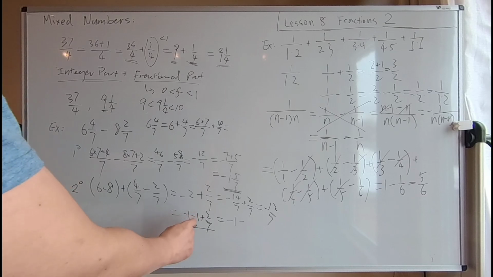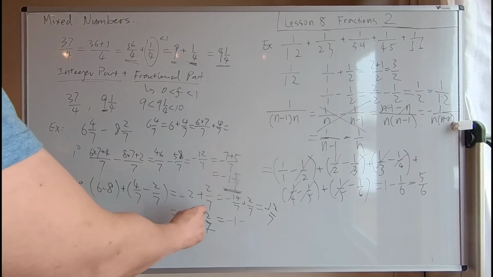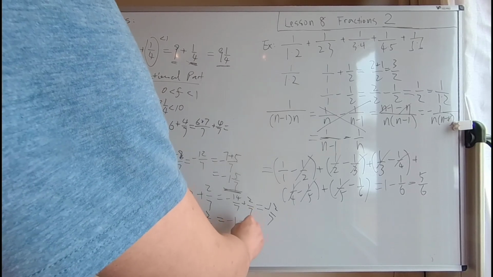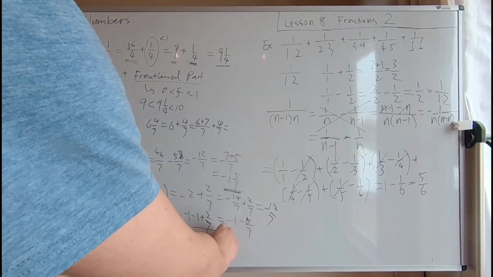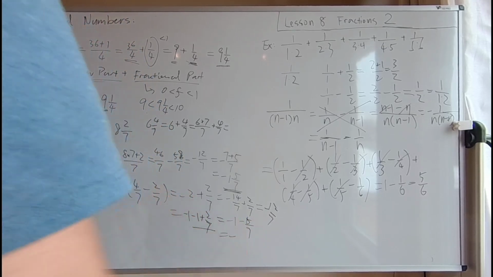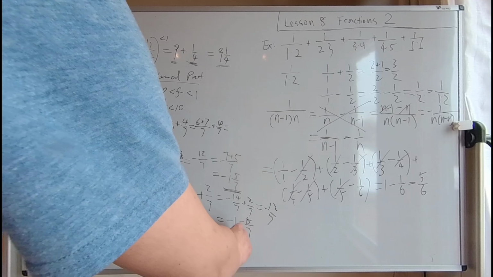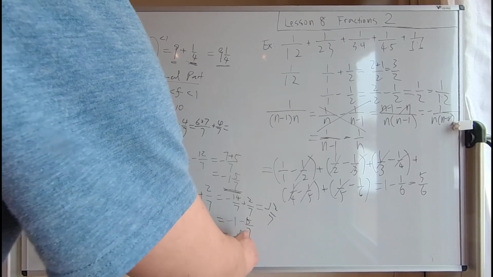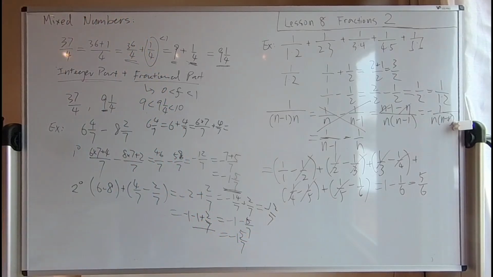This is minus 7 over 7, and minus 7 plus 2 is minus 5, so it's minus 5 over 7. Now, because they both have minus signs, this can be written as minus 1 and 5 over 7. So we get the same results from all 2 or 3 different approaches.